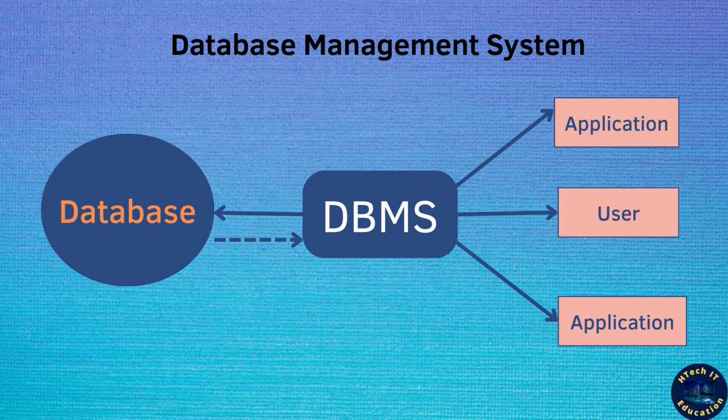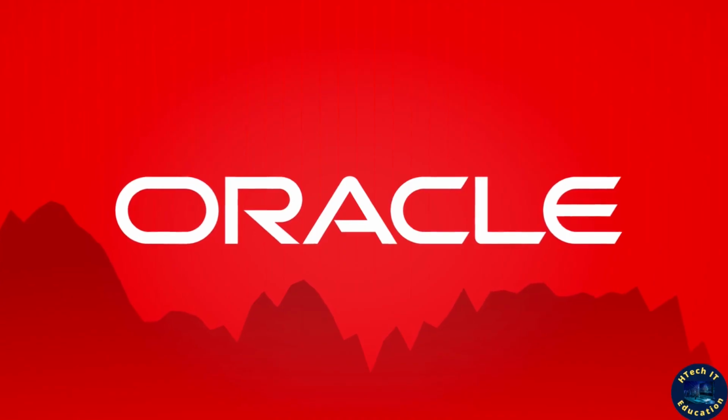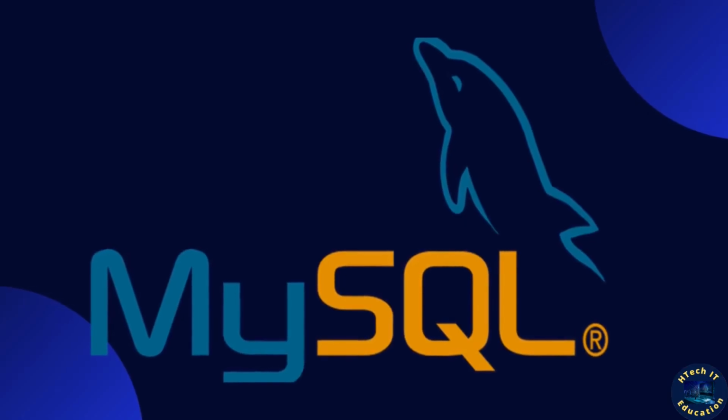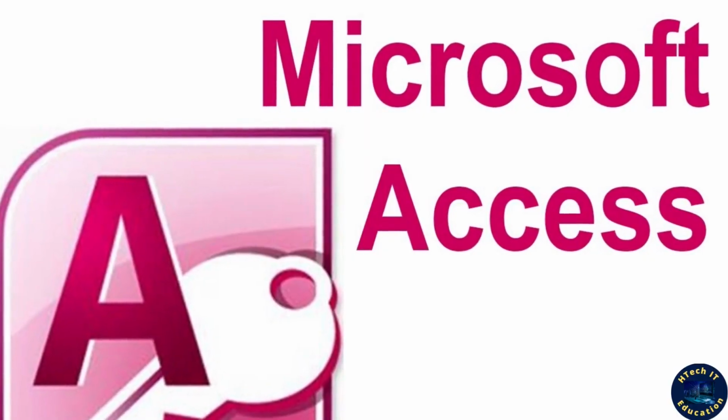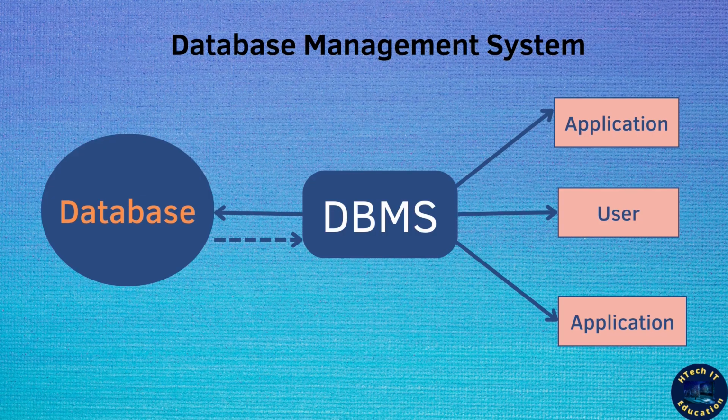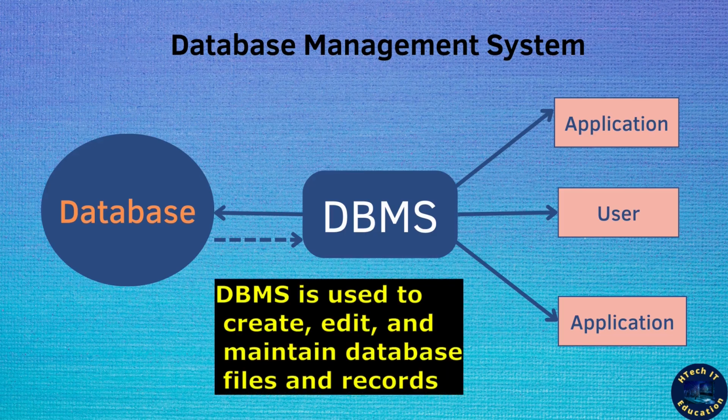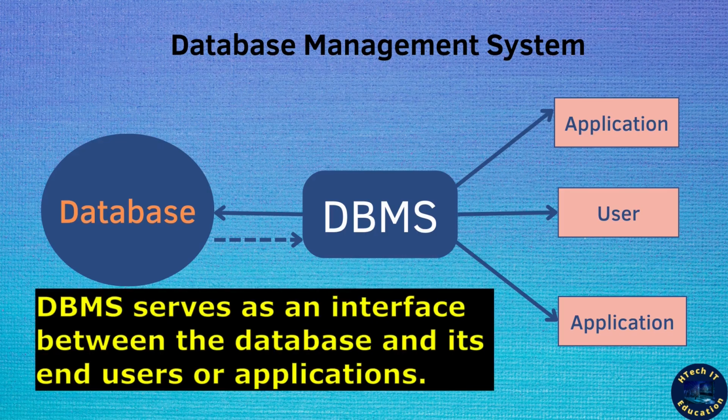Some examples of popular DBMS include Oracle, MySQL, Microsoft SQL Server, Microsoft Access, etc. Now moving forward, DBMS is used to create, edit, and maintain database files and records, enabling easier file and record creation. A DBMS serves as an interface between the database and its end users.